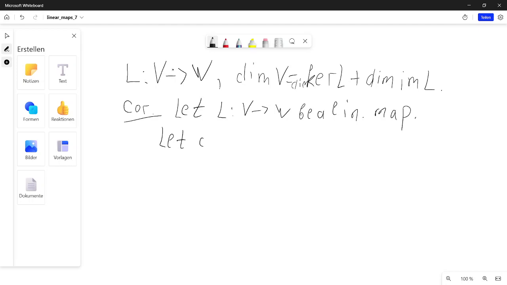Let dimension V equal dimension W equal some n in the natural numbers.